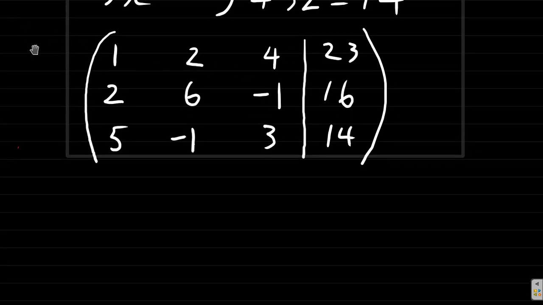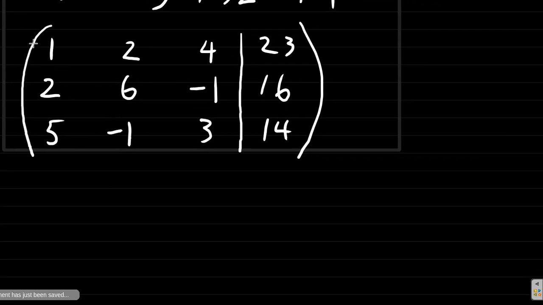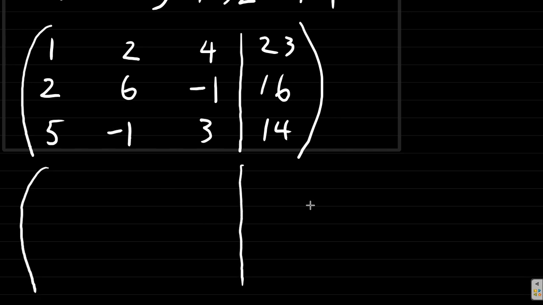Let's see something here now. Let's just draw the brackets on the line. What we're going to do is have row 1 multiplied by 5 to give us our new row 1.